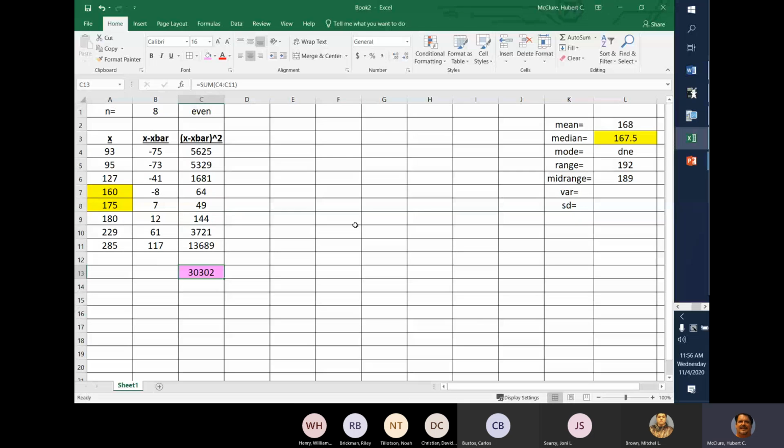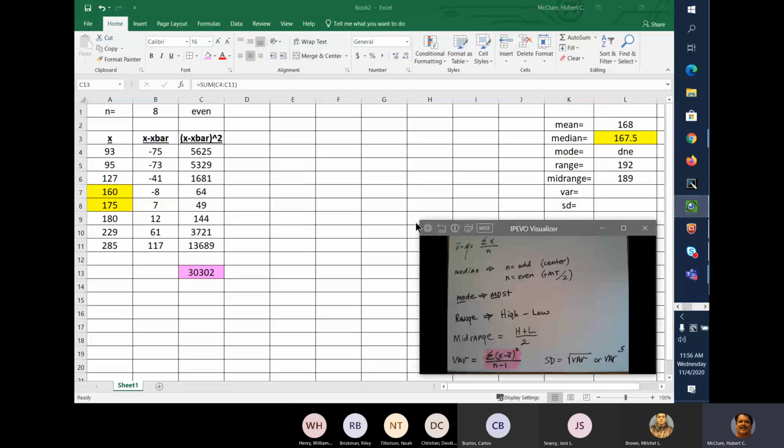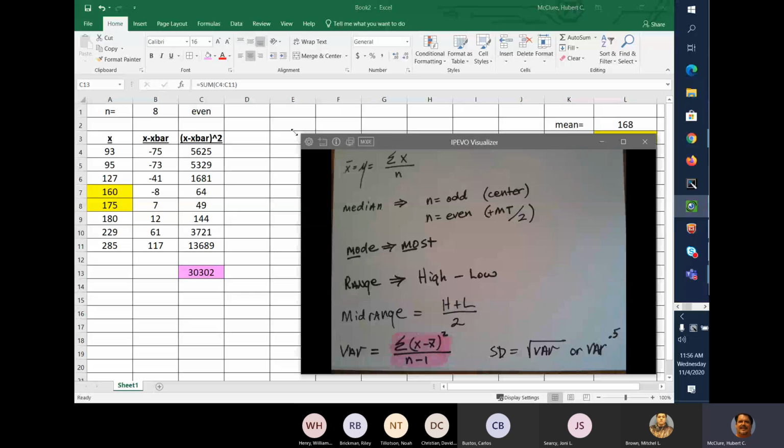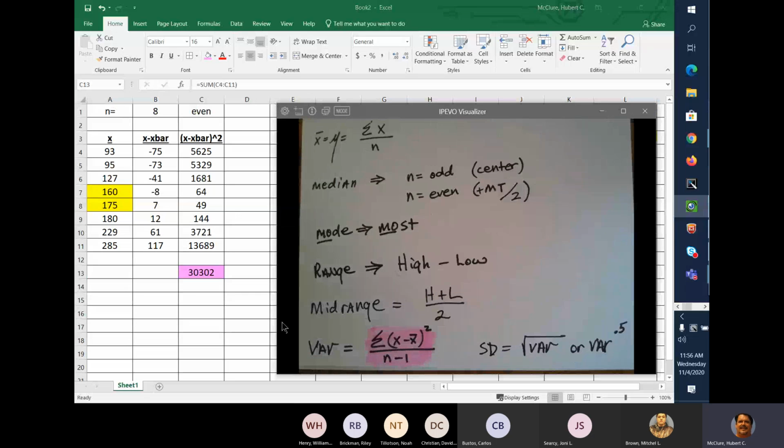So if you take your handy dandy formula and you put 30,302 right there, what is n minus 1?